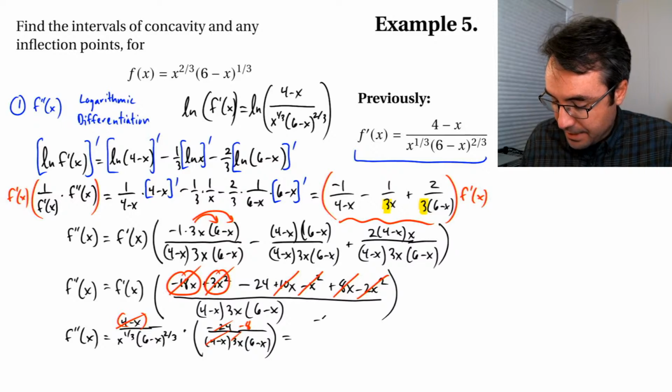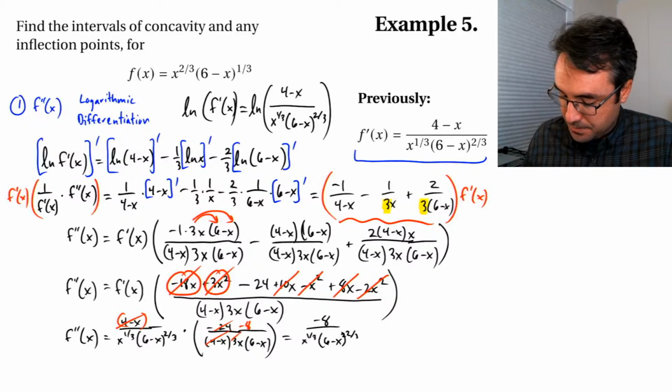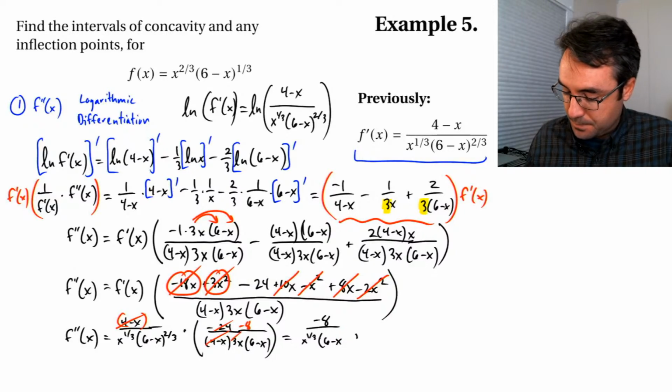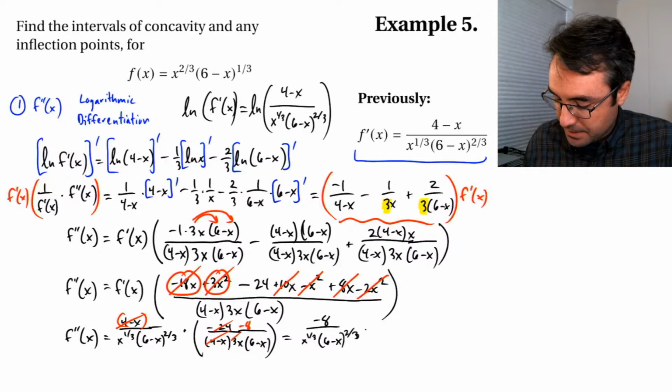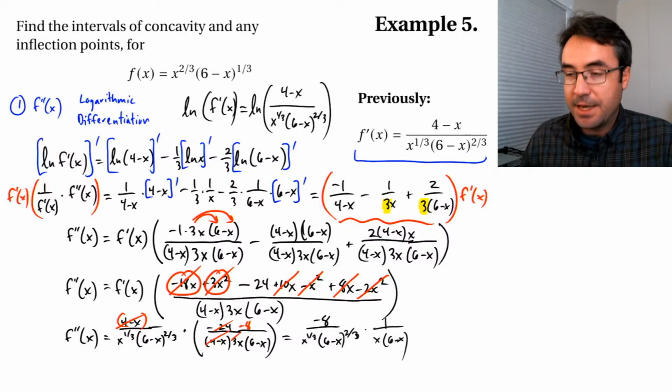So we end up with negative 8 over x to the 1/3 times 6 minus x to the 2/3 times 1 over x times 6 minus x.